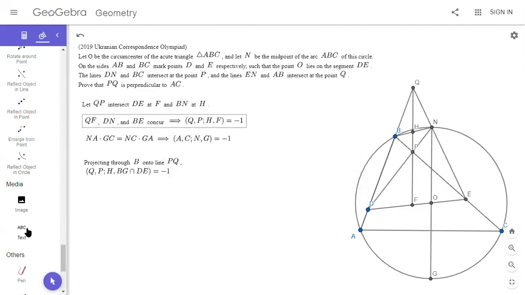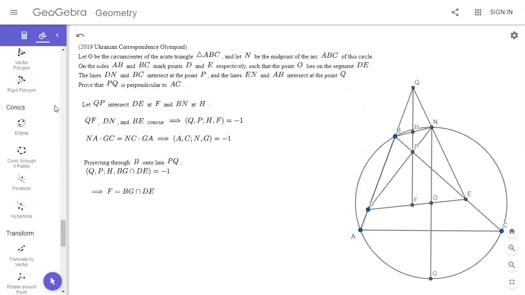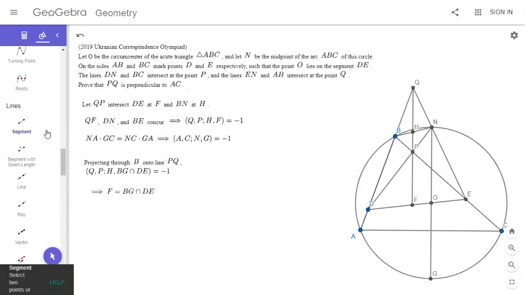So F is BG intersect DE. And once we know that, now we can try to show PQ is parallel to NG.